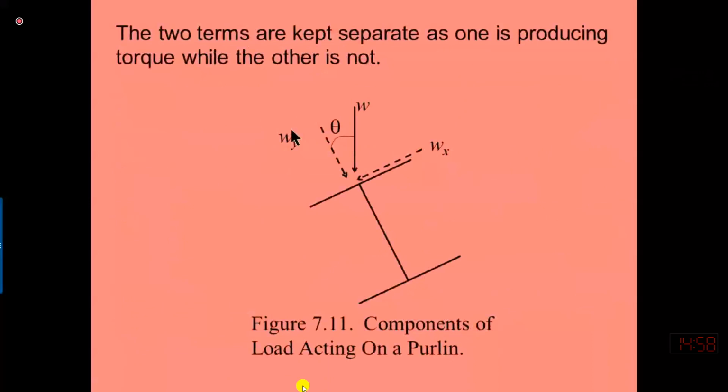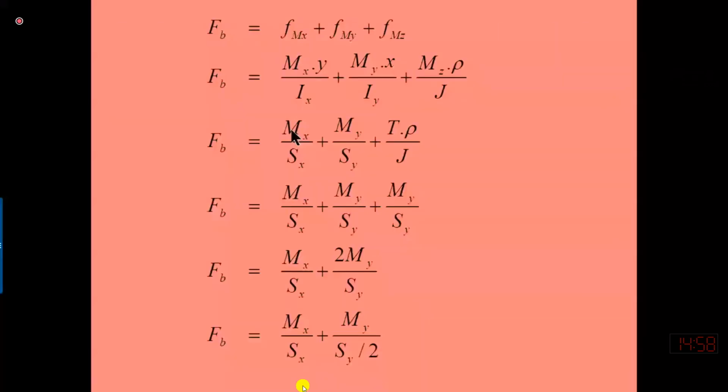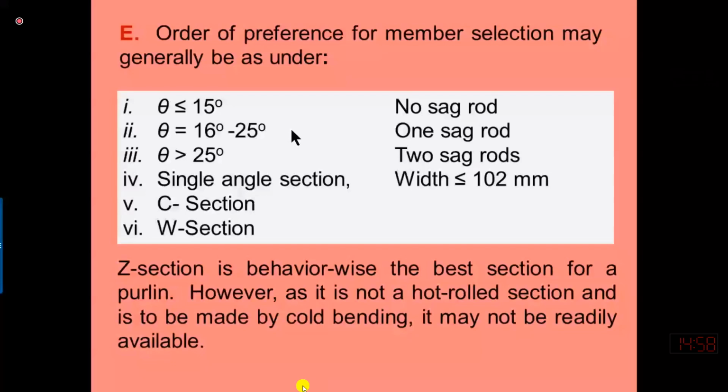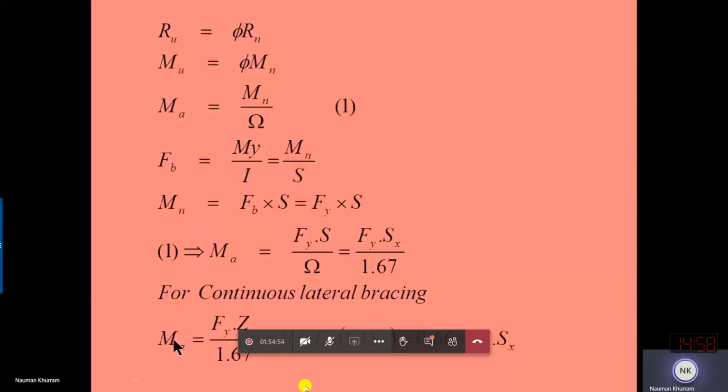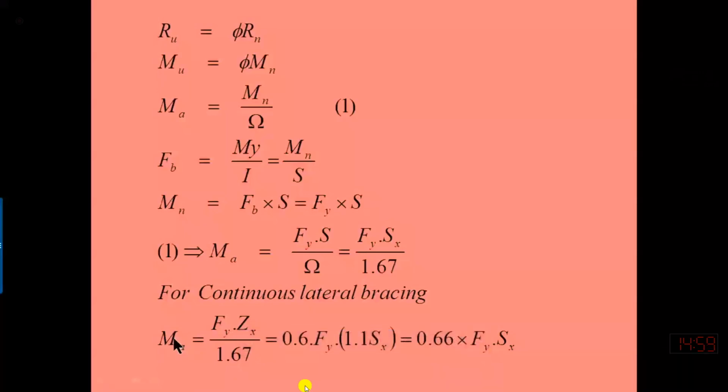So yes, this one. So we will assume that MA is equal to Mx. This is the applied bending moment about x-axis. And we will equate it with the bending capacity, which is 0.66 Fy times Sx. So Sx is unknown. So Ma is equal to Mx assumed, which will be divided by 0.66 Fy.